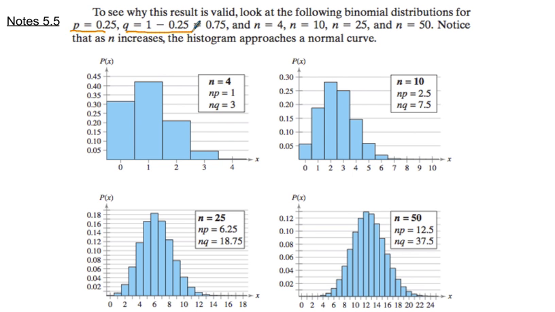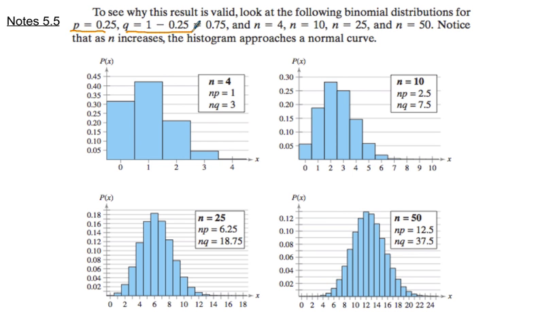When we increase n to 10 in the second graph, n times p is 2.5 and n times q is 7.5. Right? So still np is not greater than or equal to 5, so we still can't use the normal approximation on this graph. And you can still see visually that it's still skewed right a little bit.